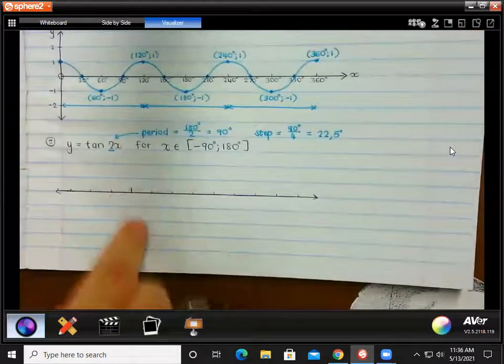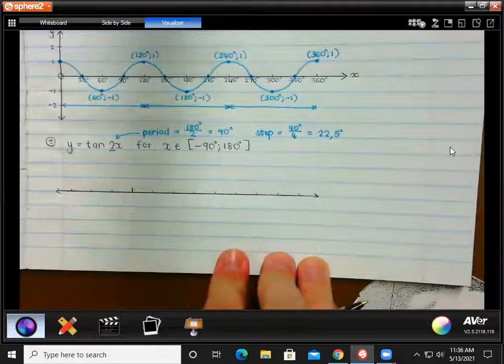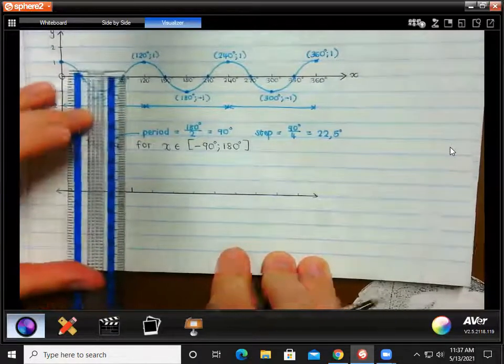Okay, this long one is going to be my y-axis. Oh, I actually didn't make it nice and long, but anyway, it's too late now.